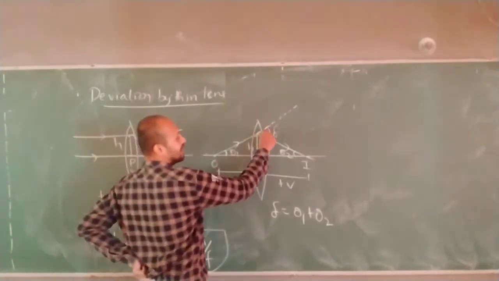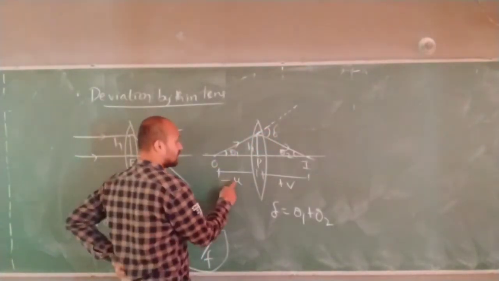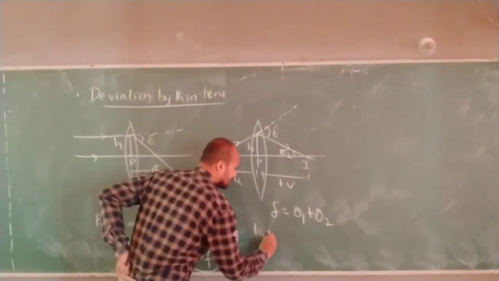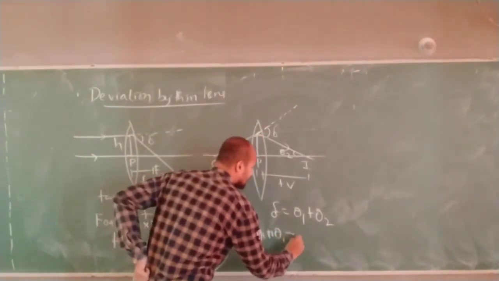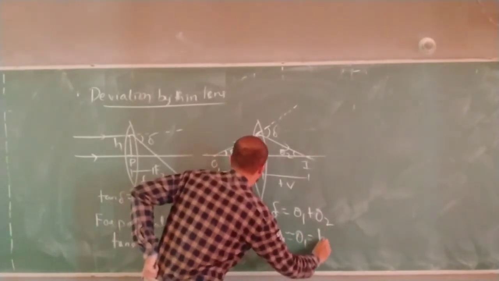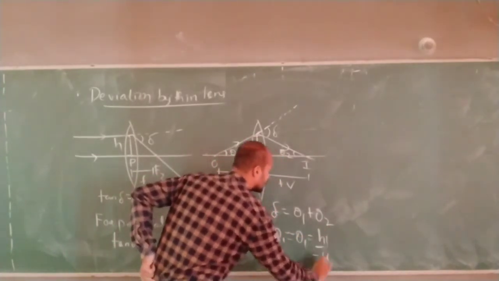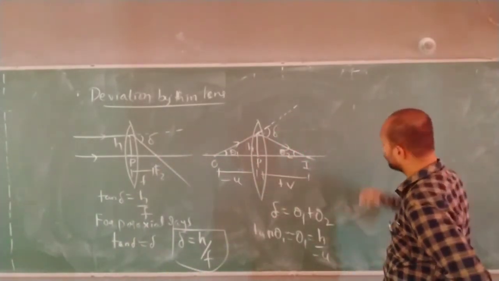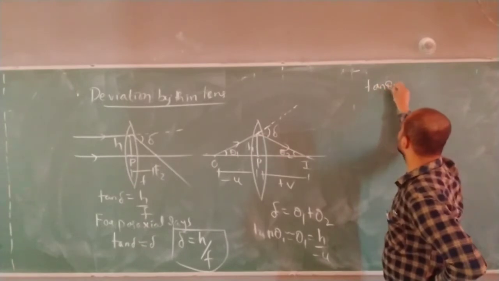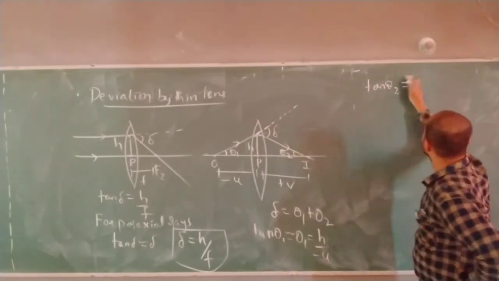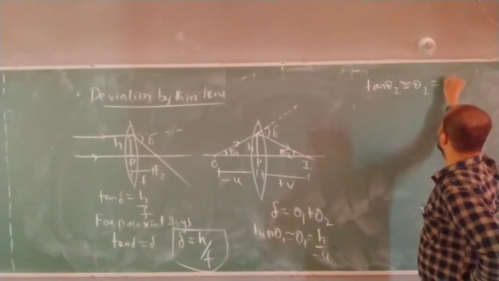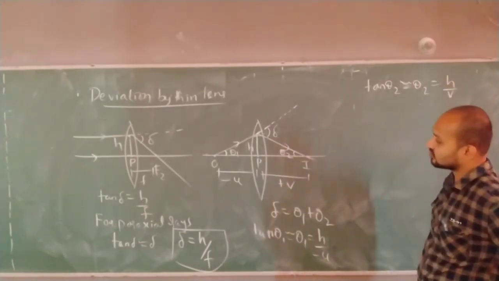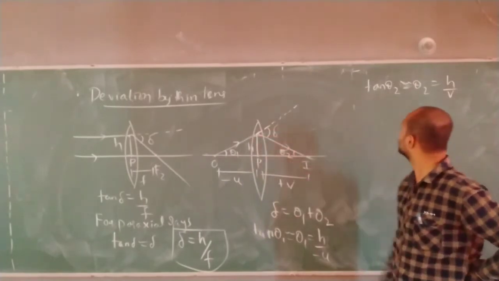Sum of two interior angles is equal to exterior angle, you can write. Now, see here theta 1 can be written as, since tan theta 1 nearly equal to theta 1 is equal to how much? H by minus u. Same thing, tan theta 2 is nearly equal to theta 2 is equal to h by v. Yes or no? H by v.